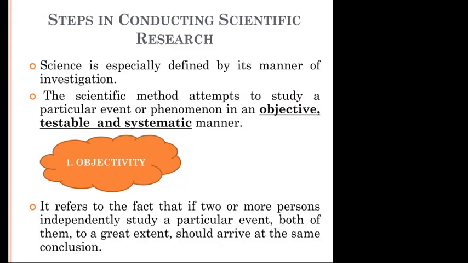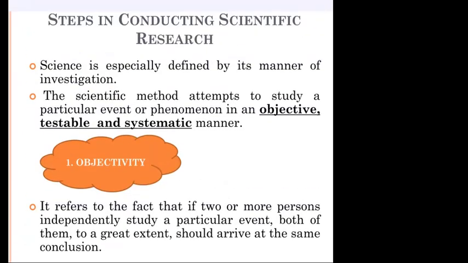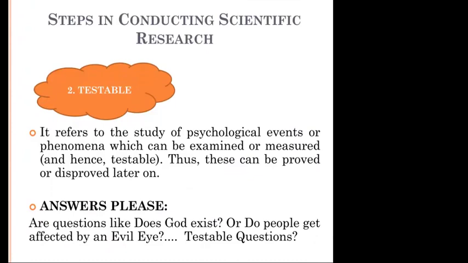Okay. Next, after objectivity, we have testable. Now testable would mean what? It refers to the study of psychological events or phenomena which can be examined or measured. So it should be testable.